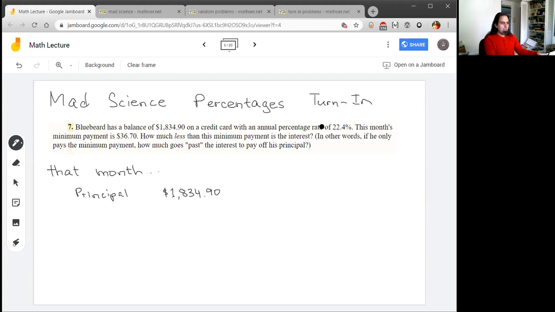So we have to share that because that's an annual percentage rate. Fortunately for us, our credit cards don't charge us 22% every month. That would be like 1/5 of your credit card bill every month, right? We would all go broke immediately. So this needs to be shared among the 12 months.